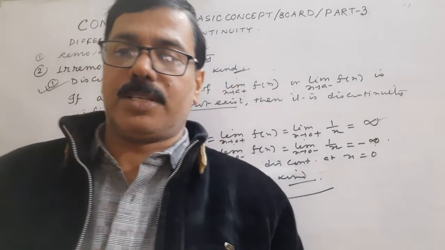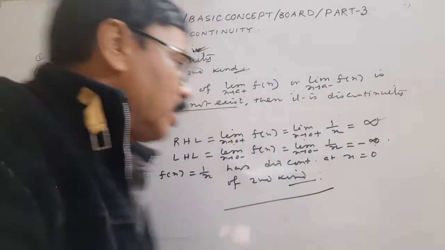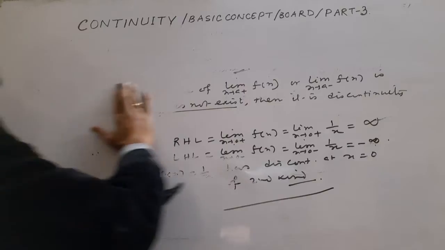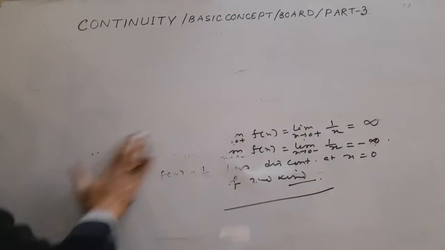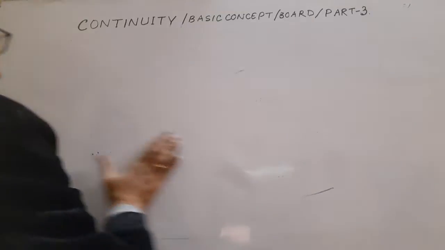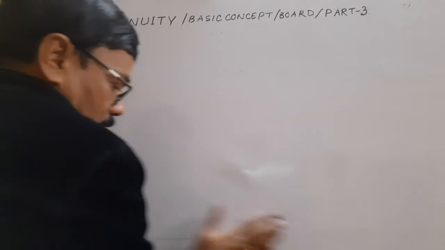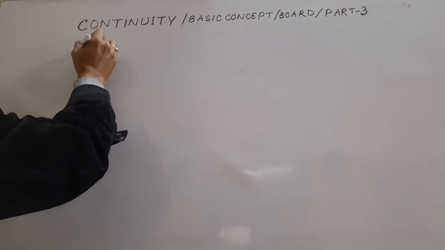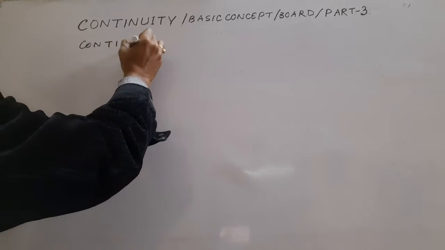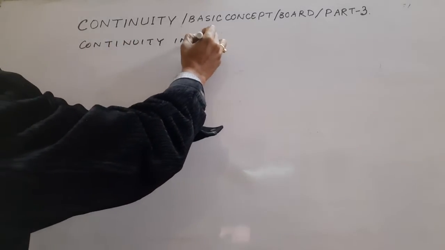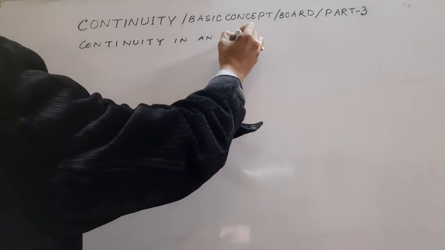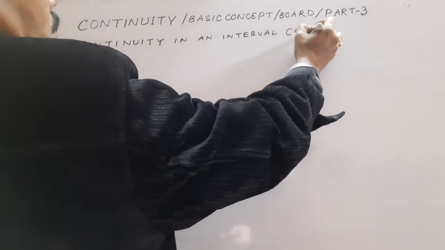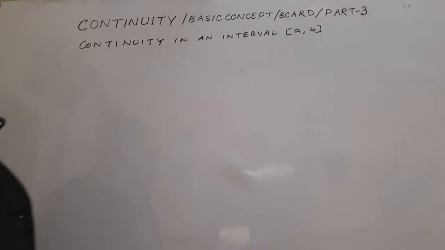Then one more definition: continuity in an interval. We have discussed continuity at a point. Now continuity in an interval. Suppose a comma b is a closed interval.